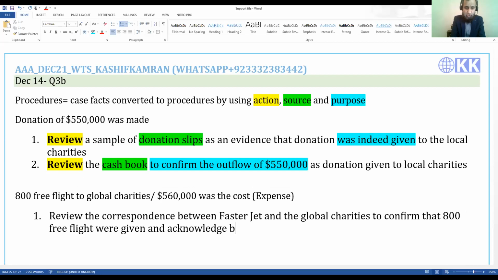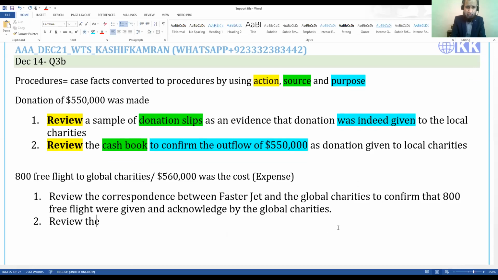Whenever you give a free flight, you must have got a thank you email from the global charity. Thank you for the free flight, something like that. So I think that thank you email will be a good evidence to confirm that there has been an acknowledgement by the global charity of the free flights given. Further, you can review the ticket records, because it's an airline business.